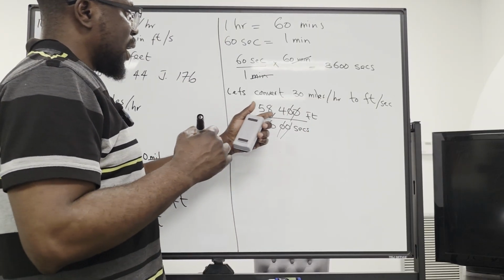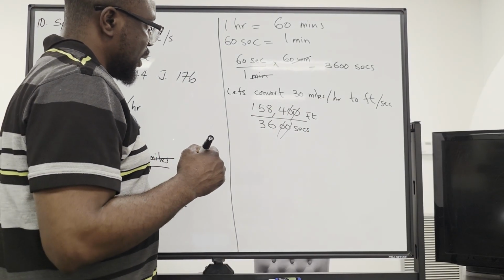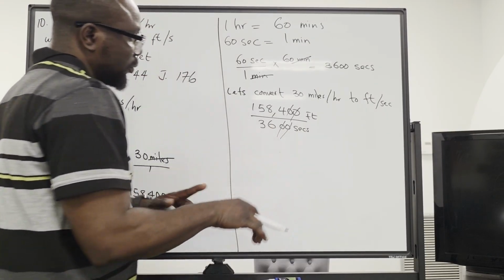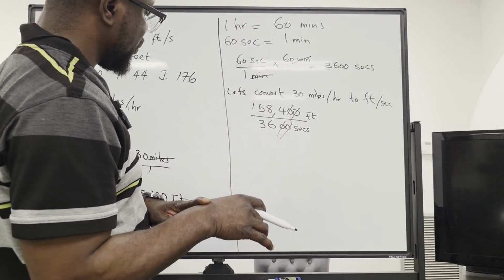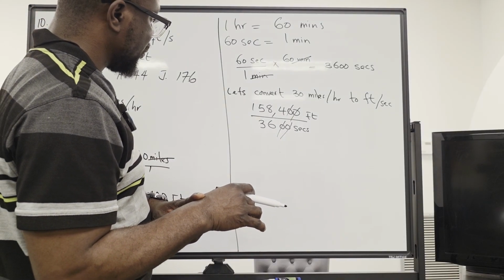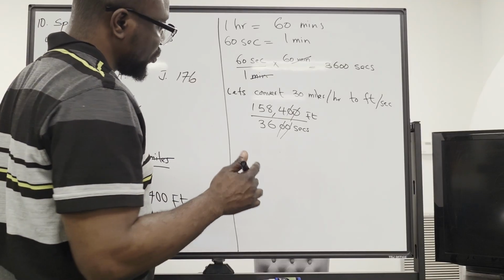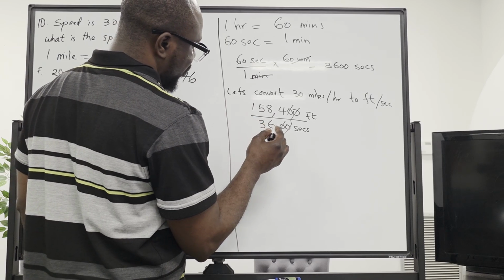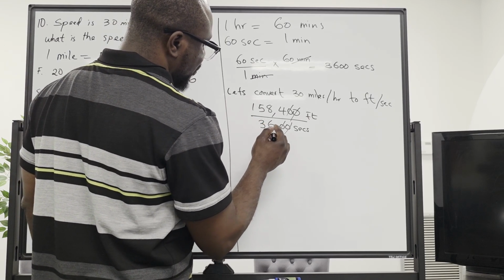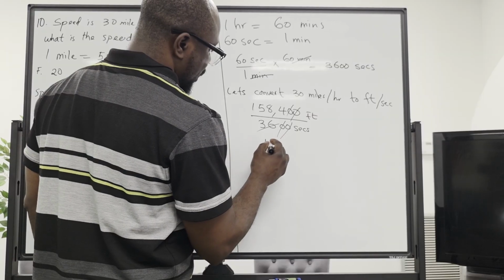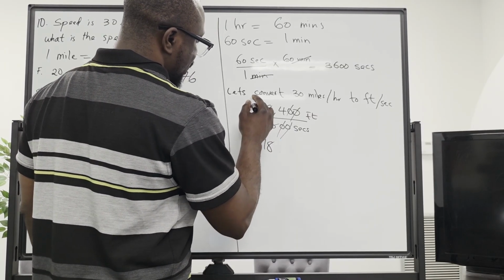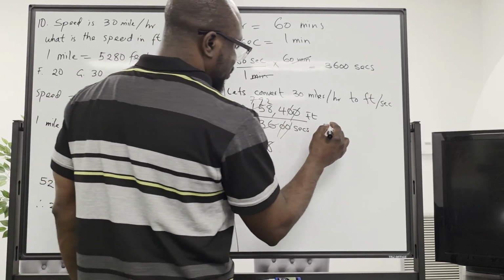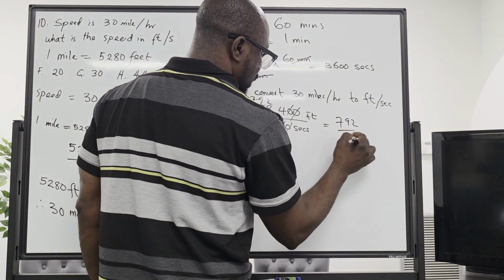So now you're left with 1584 over 36. Let's divide these. I'm going to start with 2. 2 into 36 is 18. 2 in 15 is 7. 2 in 18 is 9. That's 792 over 18.